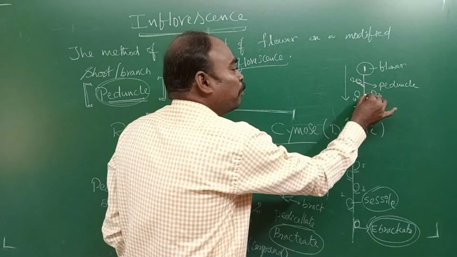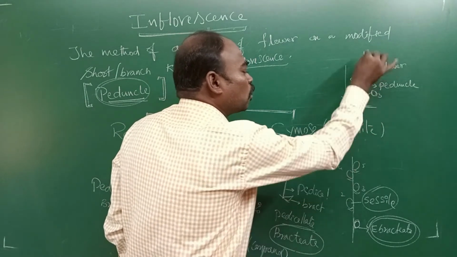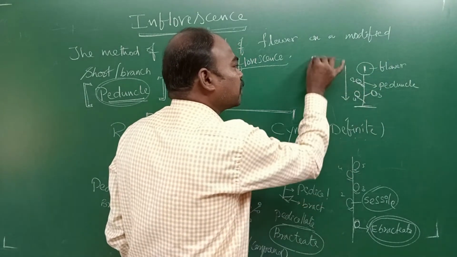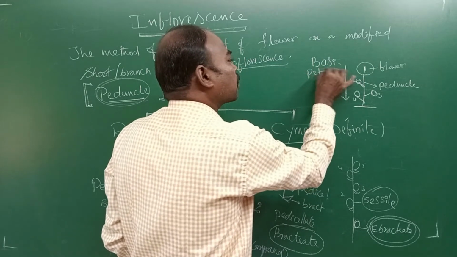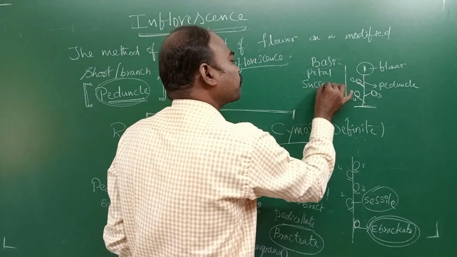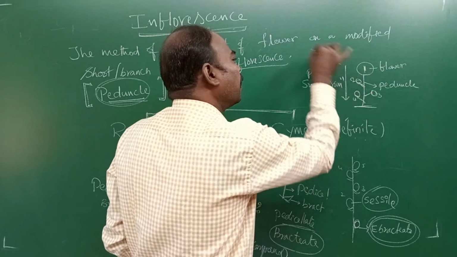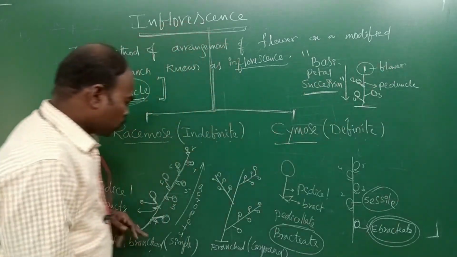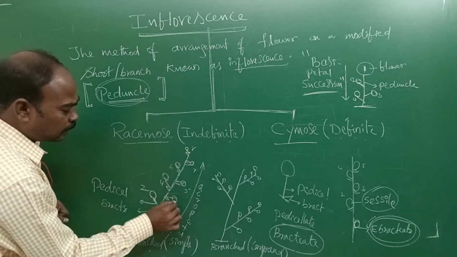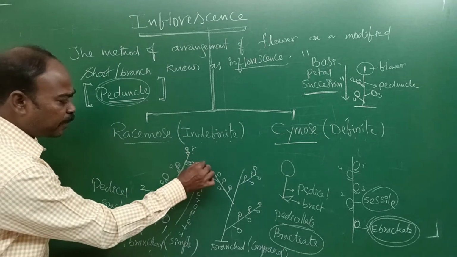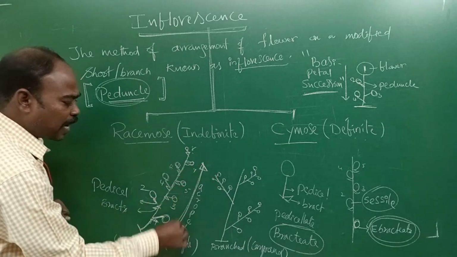Later the branches are developed towards the base. So this is called basipetal succession, or basipetal manner. Whereas here, first flower formed at base, second, third, fourth, five, six, seven, eight means acropetal manner.